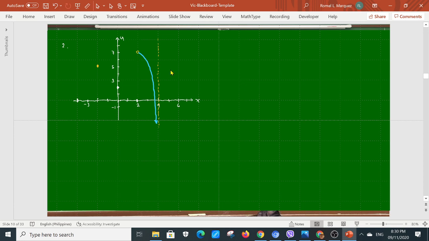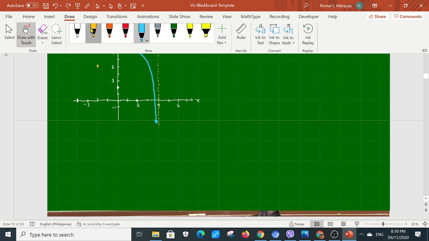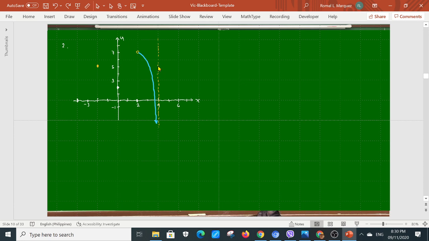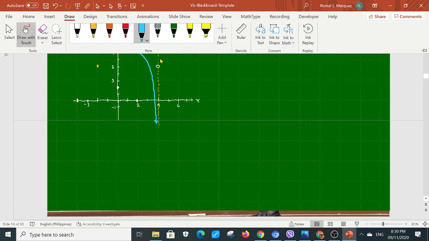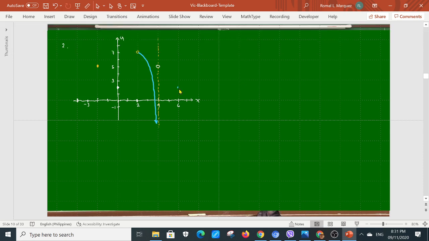And here, if you have 4, I have here 5. And then it's a hole. It's a hole again. There is a hole here. And then the graph is now going somewhere, reaching this value somewhere here. This is positive 2.